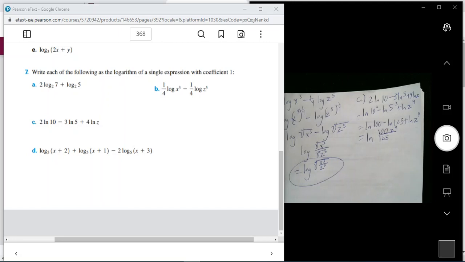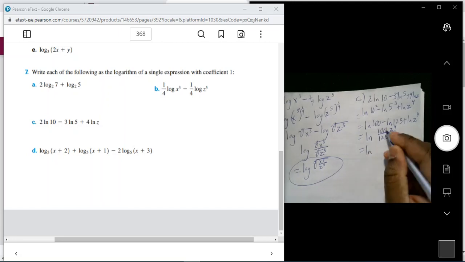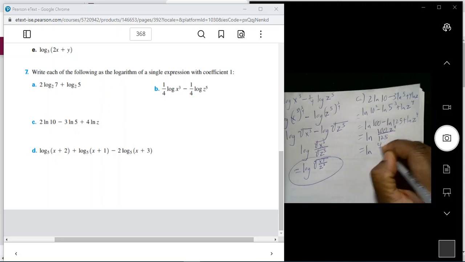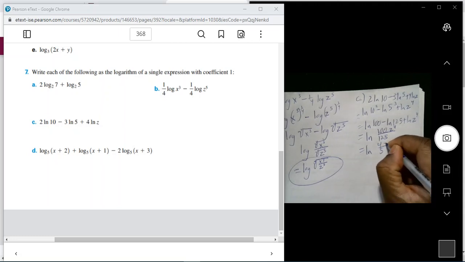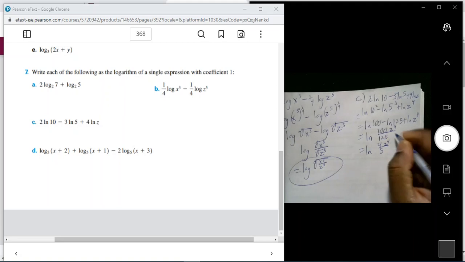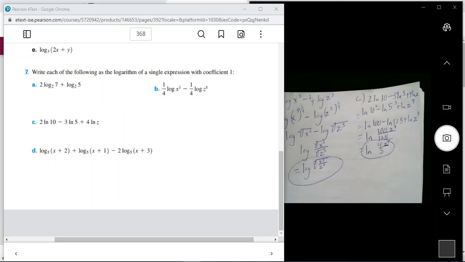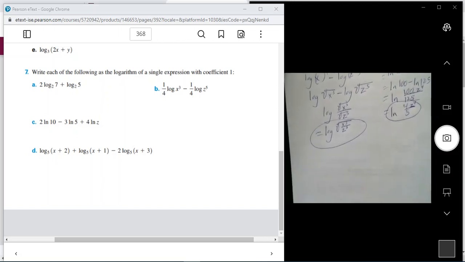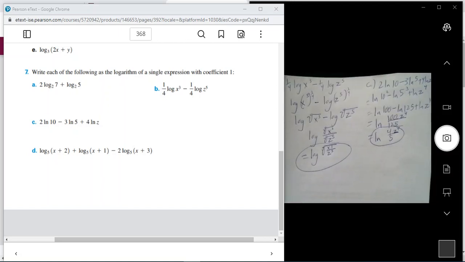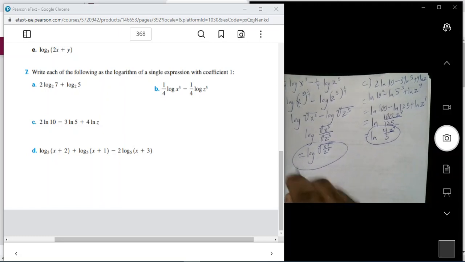Now, the 100 over 125, they both had 25 in common. So that would give us 4/5, or 4z to the 4th over 5. So that would be your final answer. All right, now we move on here to D.